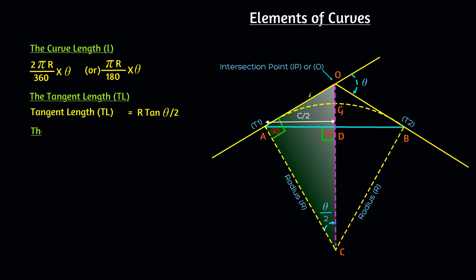Now, let us see about the apex distance, also known as the external distance E. Using the same right-angled triangle, cos theta by 2 equals the adjacent side by the hypotenuse.